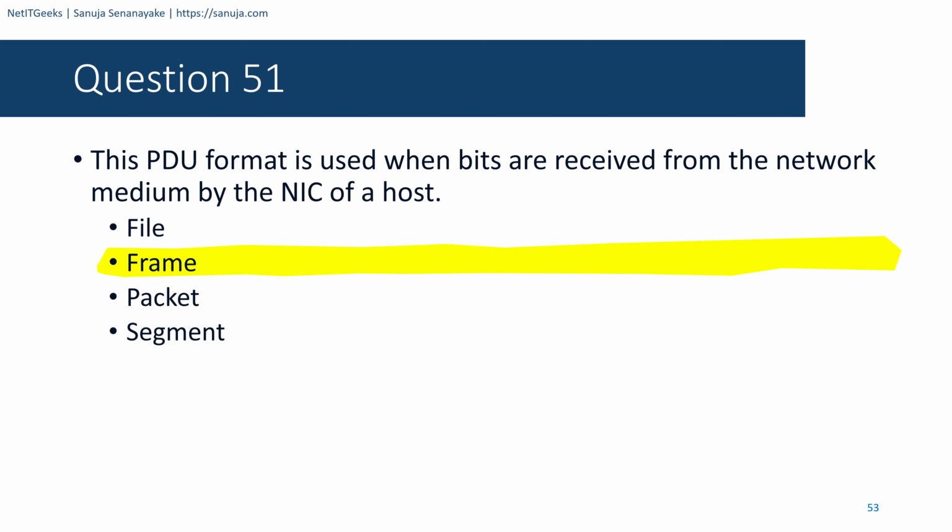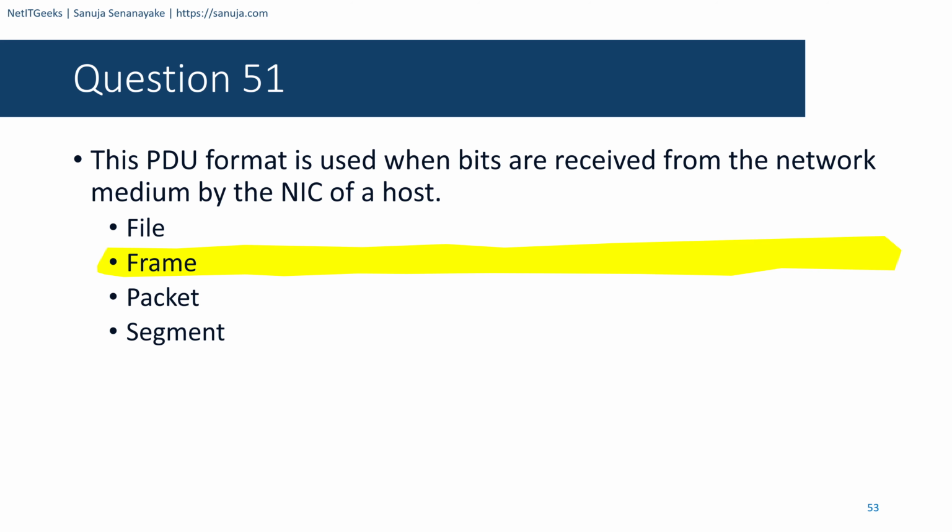When received at the physical layer of a host, bits are formatted into the frame at the data link layer. The packet is the PDU at the network layer, and the segment at the transport layer is basically received inside that frame.